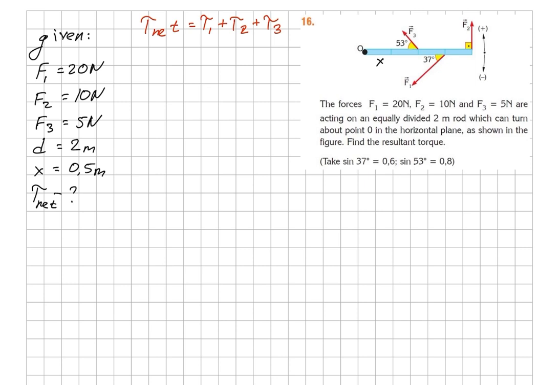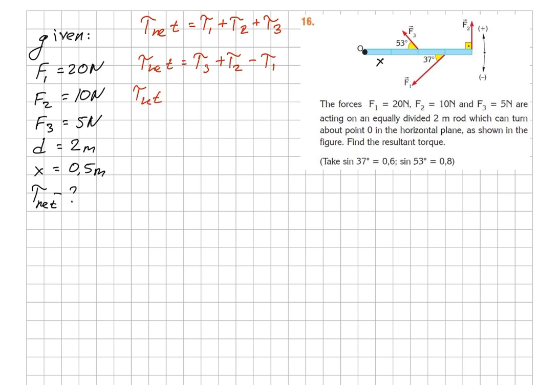We also need to take into account their directions. So the net torque will be the sum of torque 3 and torque 2, and the difference of the last one, torque 1. Let's open up this formula.